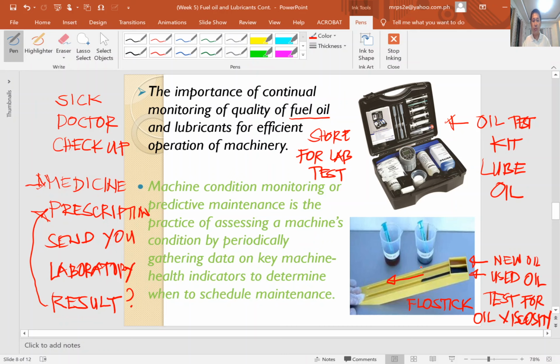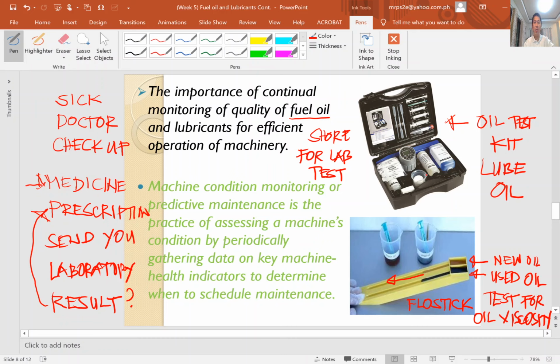So these are the importance of continual monitoring of quality of fuel oil and lubricants for efficient operation of machinery. So remember, we are like a doctor here.